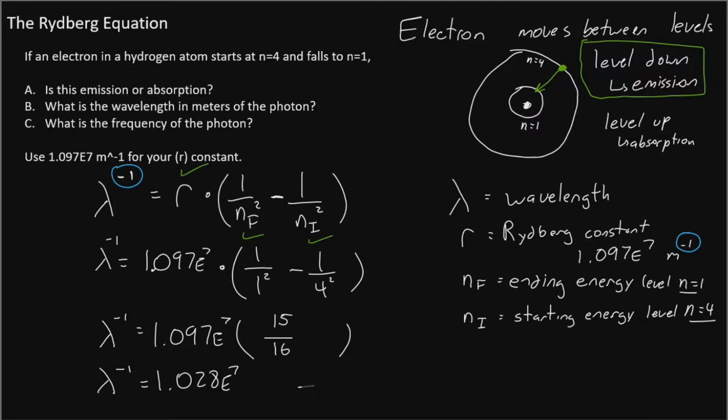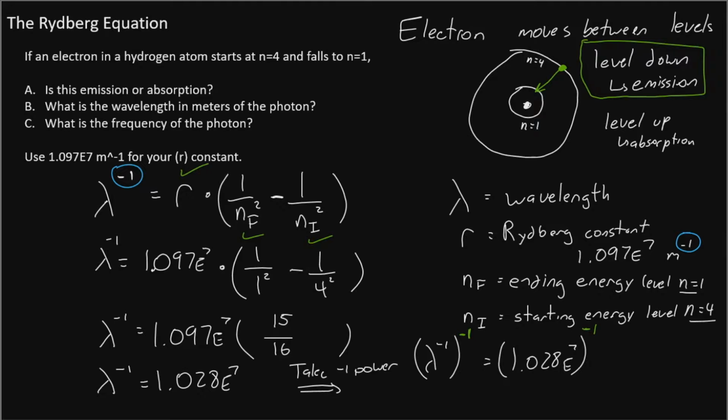Now, to remove the negative first, you can take a negative 1 power on both sides. So, we'll take our wavelength to the negative first and then raise it to the negative first power again. We'll also take our number from the right side, 1.028 times 10 to the 7th, and raise that also to the negative first power.